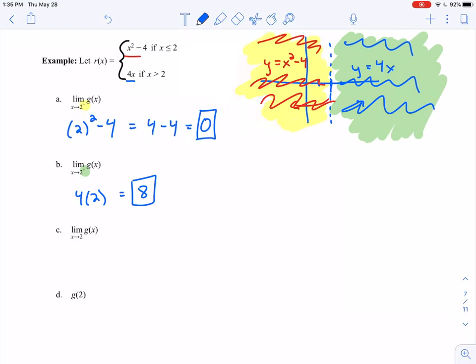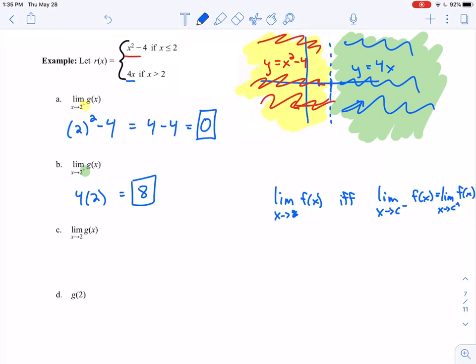Part C, this is the part that should be the easiest, but I see a lot of silly mistakes on this all the time. Remember, I think it was at the end of the second video, maybe the end of the first video, I don't remember, at some point we said that in order for the two-sided limit to exist, if and only if, and I'm using math abbreviation here, the limit as x approaches c from the left of f of x equals the limit as x approaches c from the right of f of x.